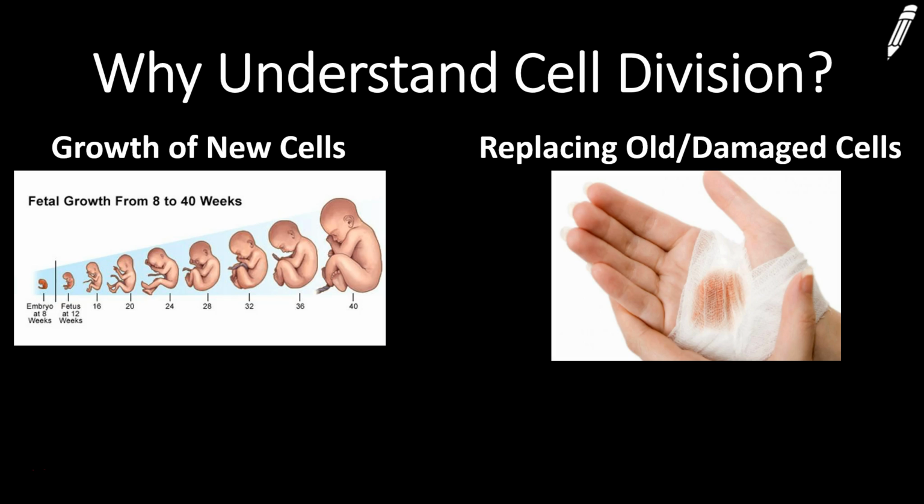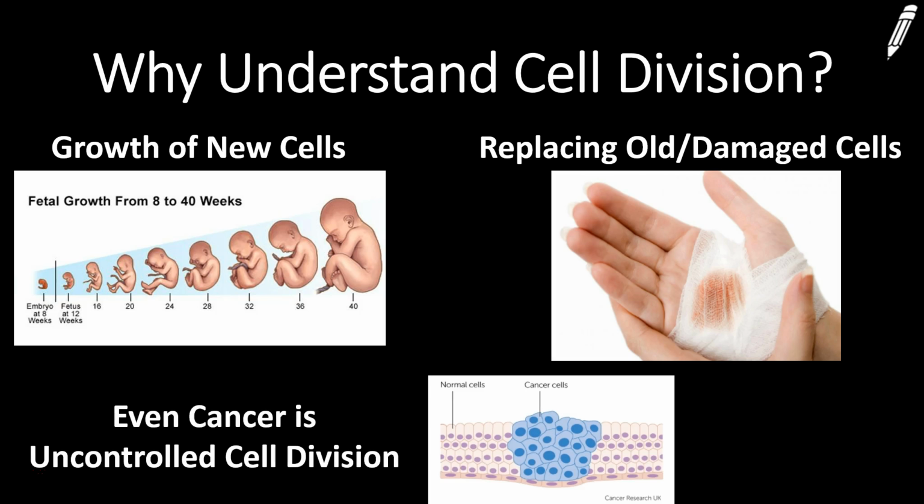The third reason why we study cell division is because it's actually a form of a disease. It's actually what cancer is. Cancer is uncontrolled cell growth. If we look at these cells right here on the edge, these cells grew and divided, and then they got the message to stop growing and splitting. However, cancerous cells don't know when to stop.